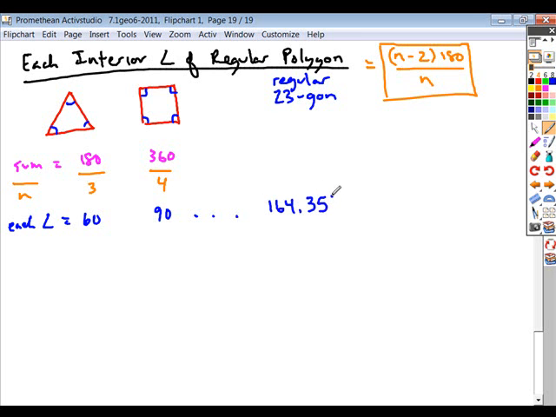Okay, so what you did is you entered that into the formula: (23 minus 2) times 180, all divided by n, the number of sides, 23, and that gives you your value.